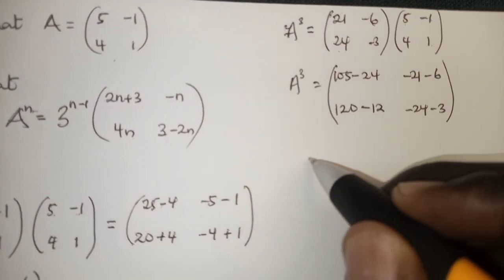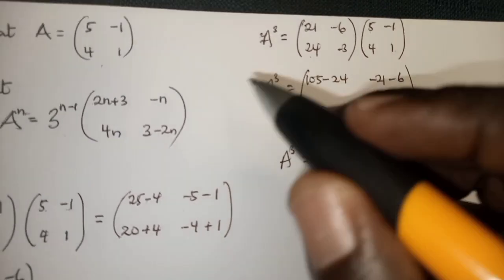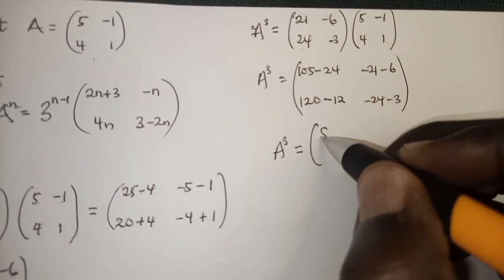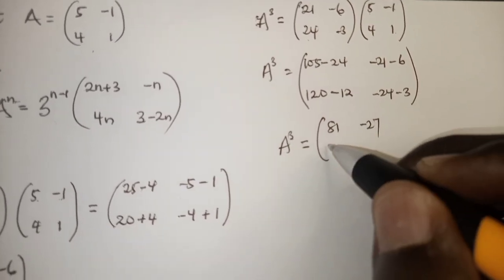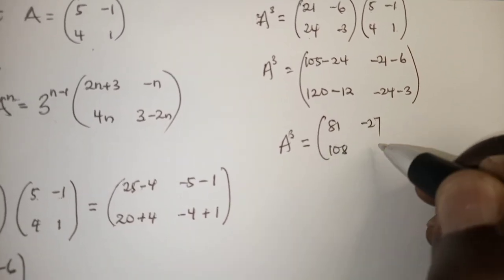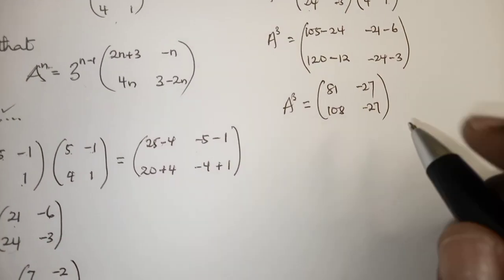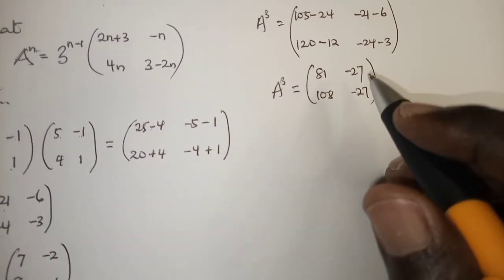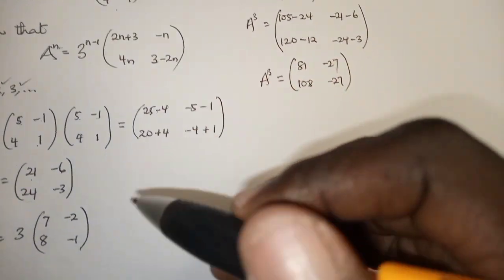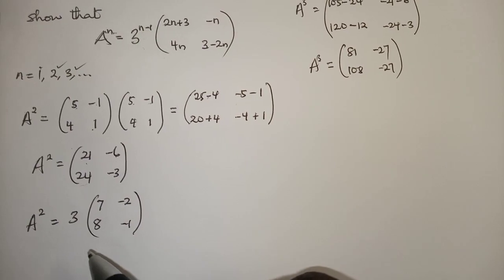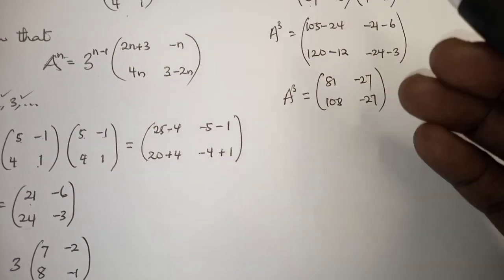Then we simplify, so A exponent 3 will be equal to 81, negative 27, 108, negative 27. We factorize as well. Since we've already factored out 3 for the first one, it's better we use another factor.